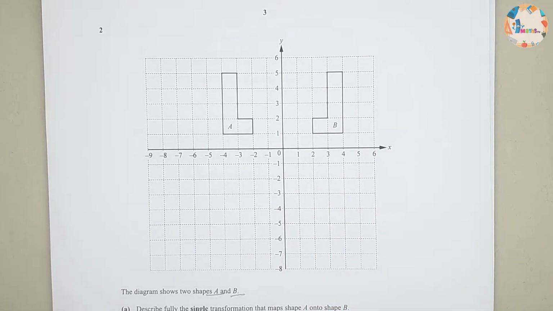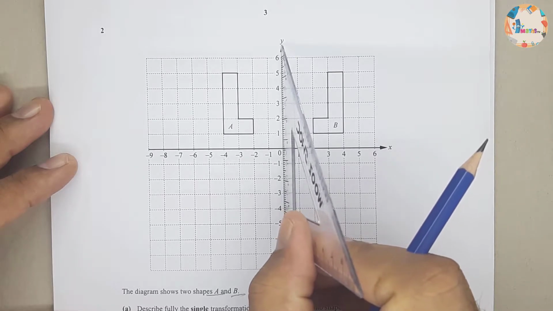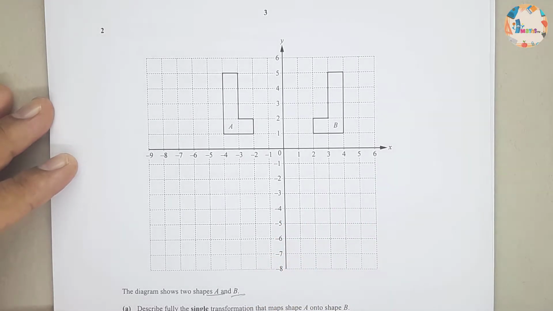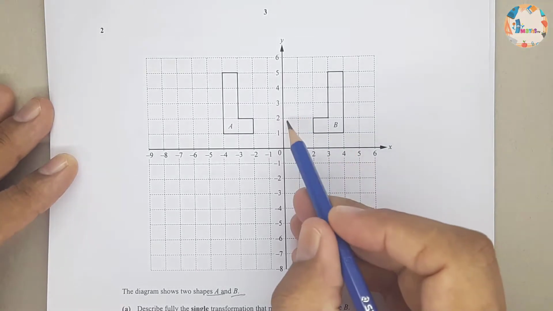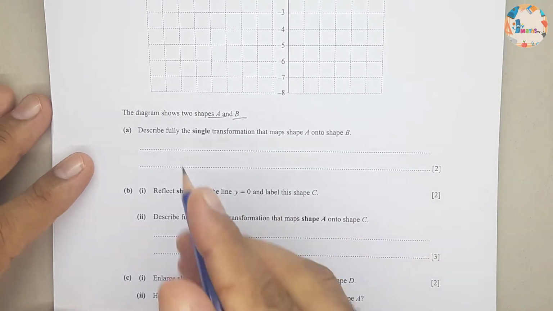So if we place a line over here, this is the line of reflection. So we can write here it's a reflection in the y-axis. From here we can check 2 units to the right, 2 units to the left. So reflection, so our answer will be over here.